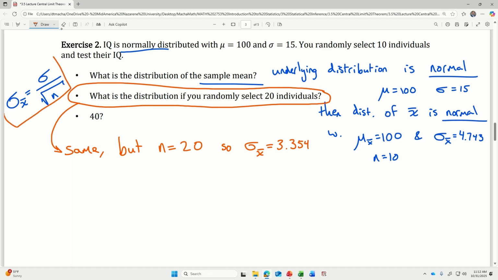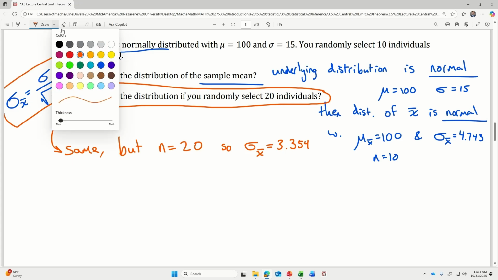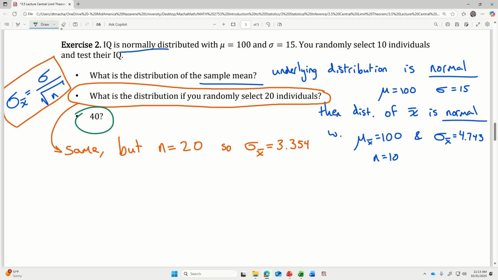Again, using that formula. What if I have a sample size of 40 individuals? That would be the same but n equals 40. So the standard deviation of the sample mean would be 15 divided by the square root of 40.